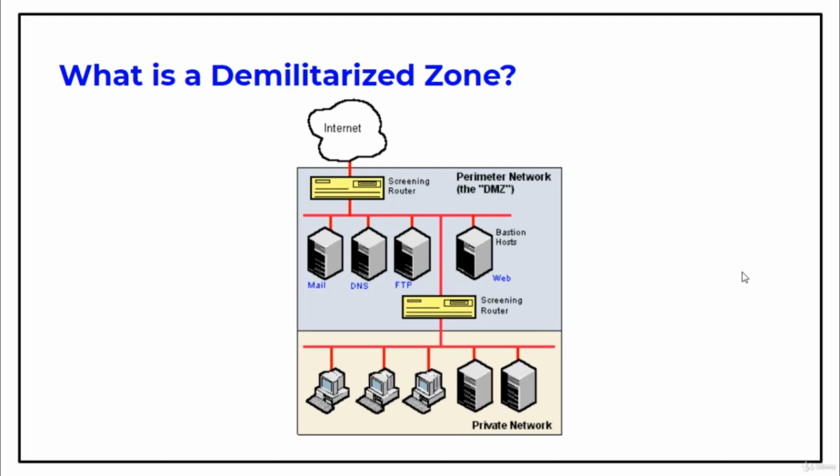Now, what is the purpose of the DMZ? The DMZ network exists to protect the hosts most vulnerable to attack. These hosts usually involve services that extend to users outside of the local area network, and the most common examples being email, web servers and DNS servers.